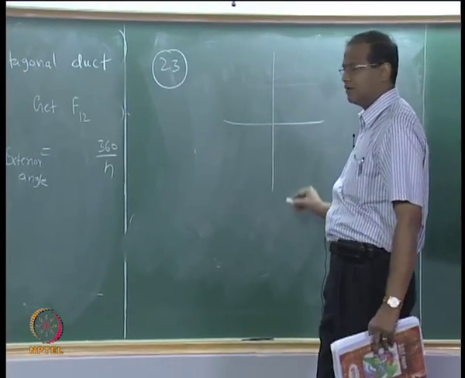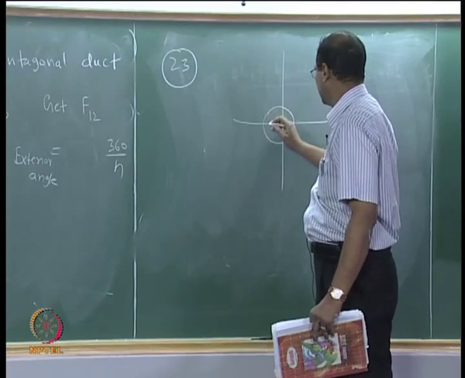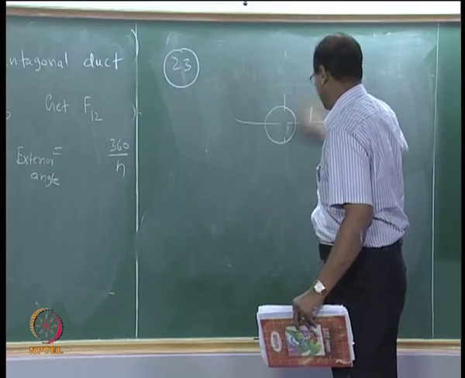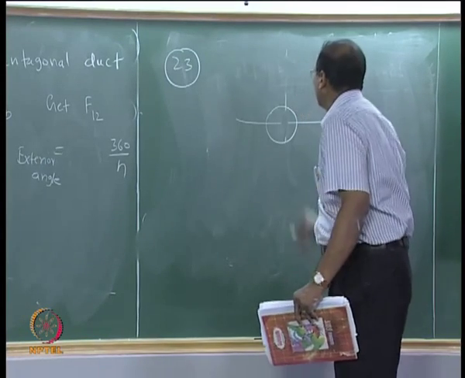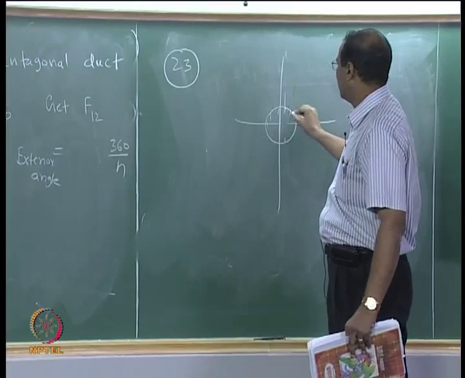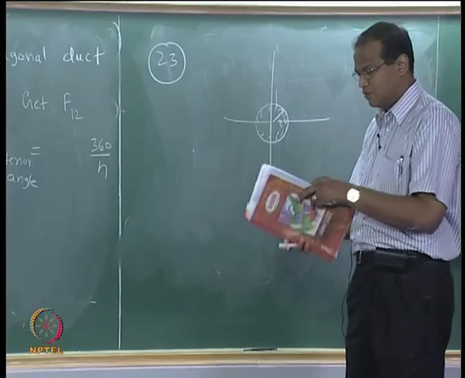So there is a circular duct, do not worry about the radiation activity inside, it is R1, okay.